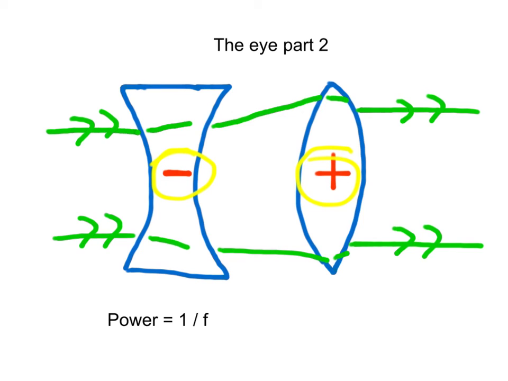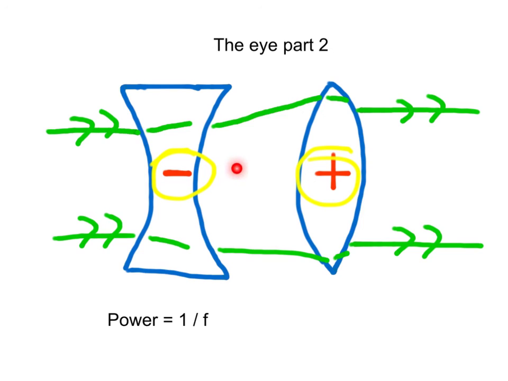Now the really interesting thing is that optometrists have a good idea about what sort of power you need in order to focus things at a reasonable near point or at the far point. So they essentially know the range of values for your eye in terms of power. So when you're looking at something in the distance, what should the power of your lens be?